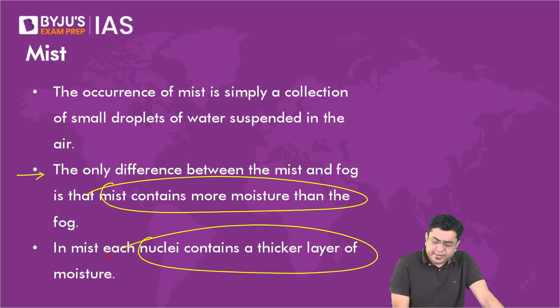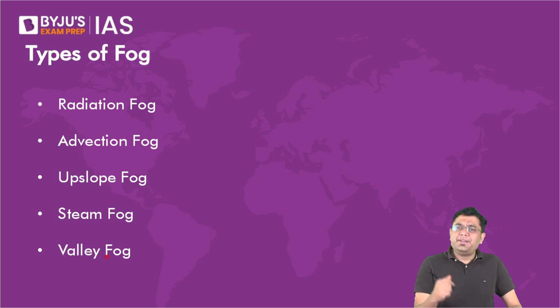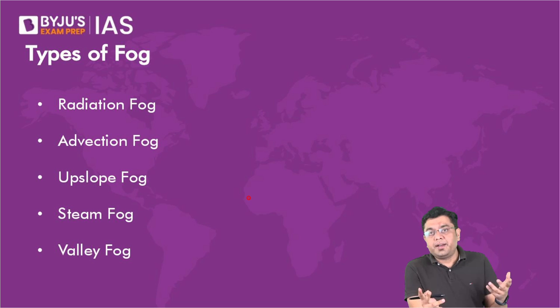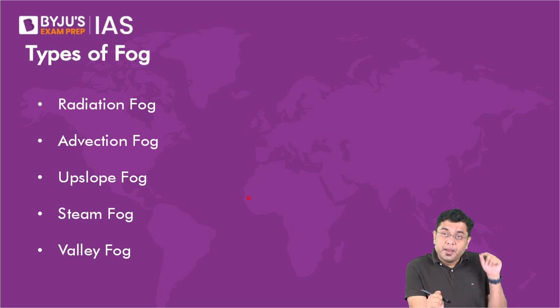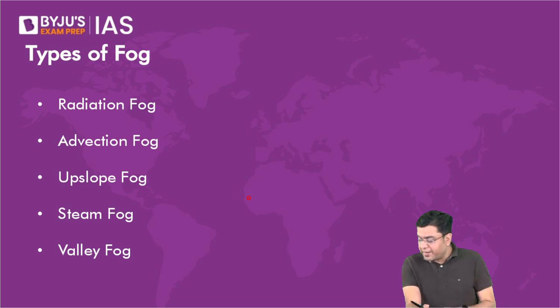Now, in this case, we have a classification based upon why the air will lose temperature, and why condensation will happen. Based upon that, we have the classification.